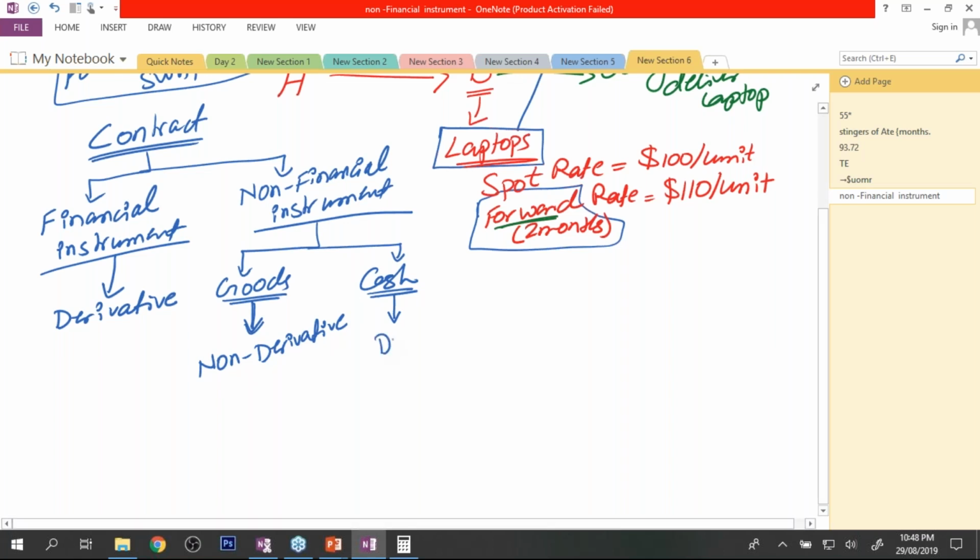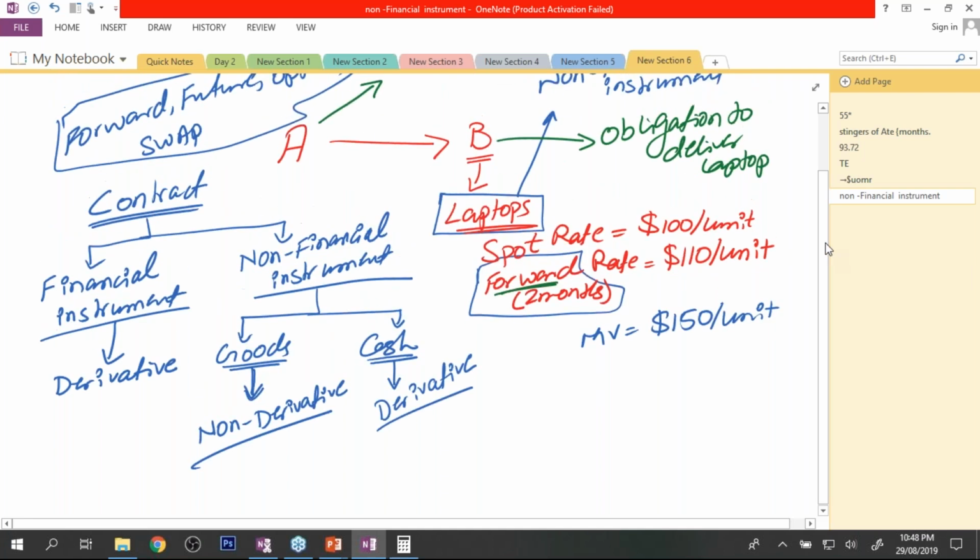And if we are going to settle such a contract in cash, it will again become a derivative. Like let's suppose the market value reaches $150 per unit, and I call the supplier to say that, look, I don't want the laptops. But according to the contract, I would have bought at 110 instead of 150, so it was a gain to me of 40. So transfer me the $40 per unit in cash instead of the laptops.